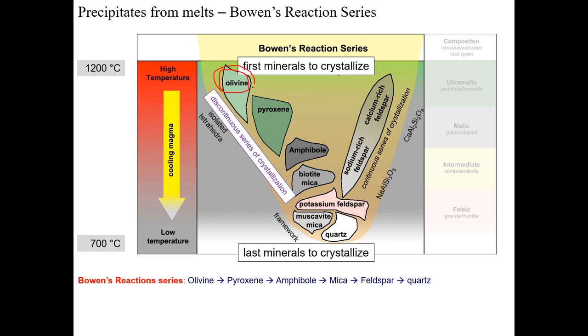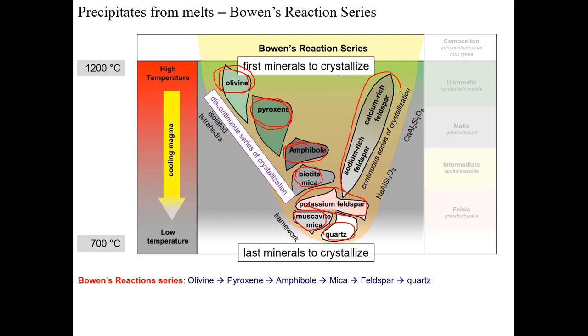Okay, so olivine will come out first. Then we let it cool down more, and we'll see pyroxene come out. Okay, and then if we let it cool down more, we'll see amphibole, and then biotite mica, and then potassium feldspar, and muscovite mica, and then quartz. Okay, so that's what we'll see in terms of the crystals coming out.